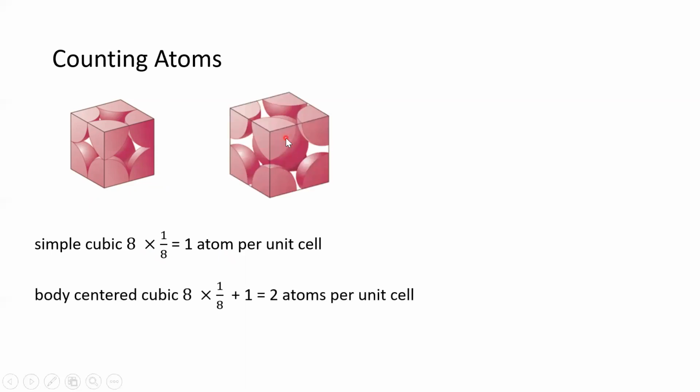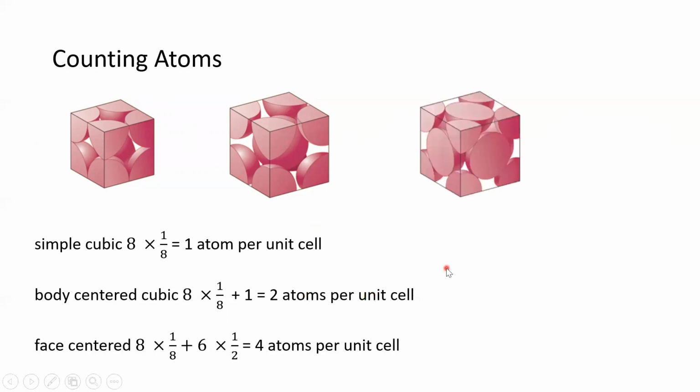If we were to look at a body-centered cubic unit cell, we have almost the same thing we had for the simple cubic, except that we also have that atom or ion in the center. So the total number of atoms that we would find in a body-centered cubic unit cell is 2.